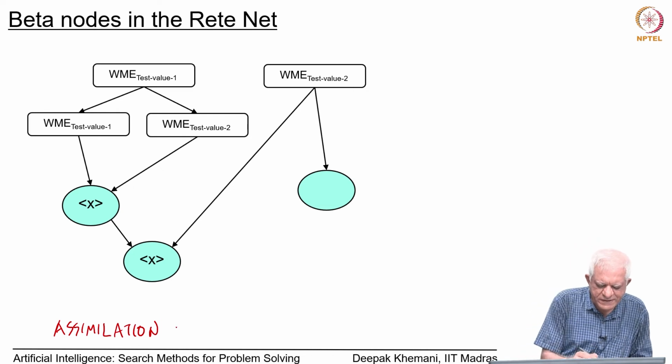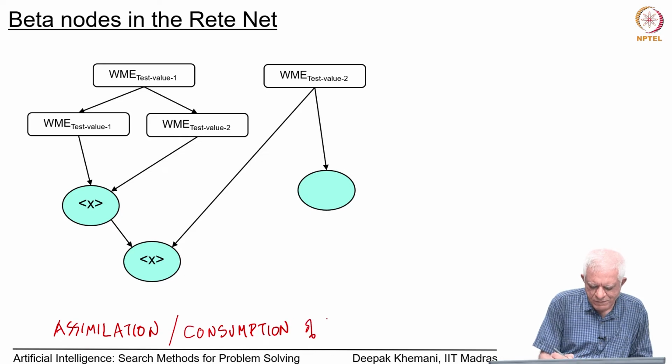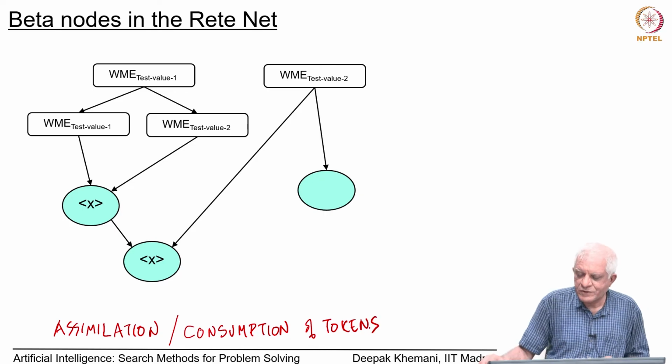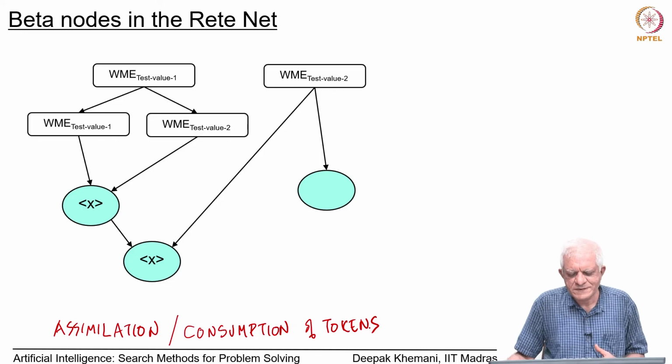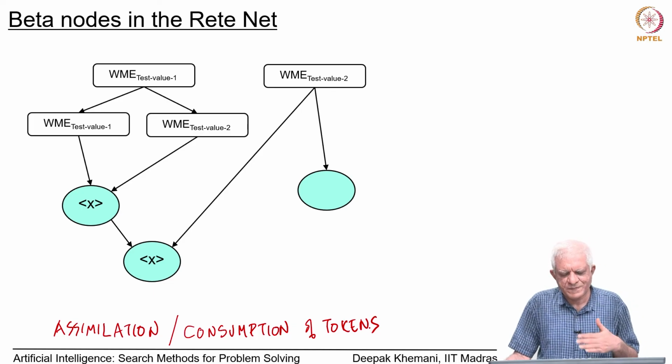So, in some sense they are consuming. But you can consume tokens only if all the patterns in the rule match, and this part of the match process is done by the beta network.